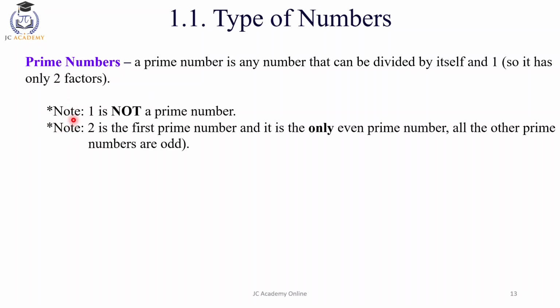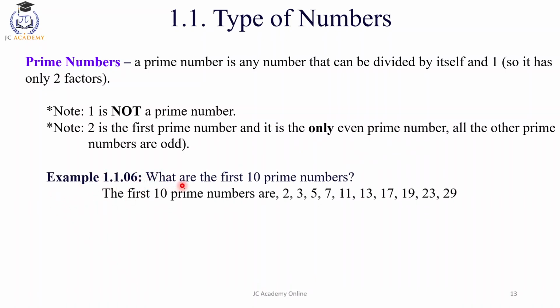One thing to keep in mind is that number 1 is not a prime number. And another important note to remember is that 2 is the first prime number, and it is the only even prime number. All other prime numbers are odd.